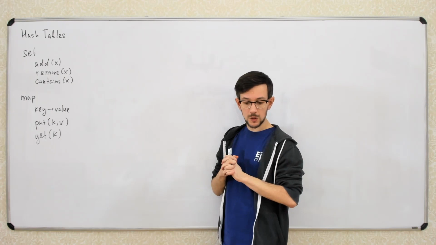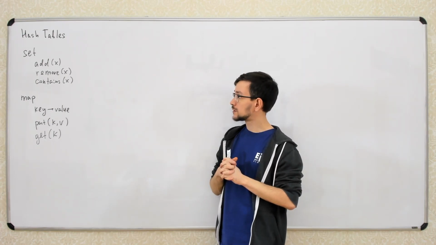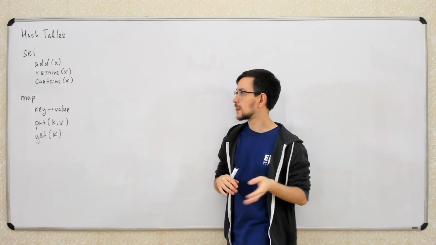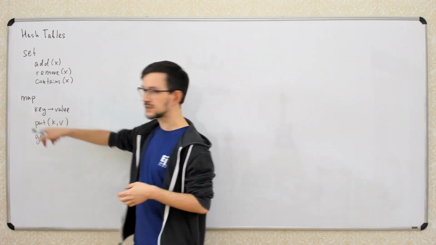Good. So how do we implement these data structures using hash tables? Let's start with a simple case. The simplest case is when the key is a small integer number.